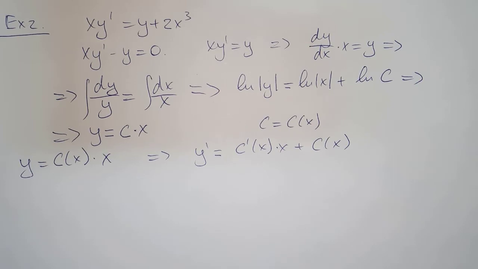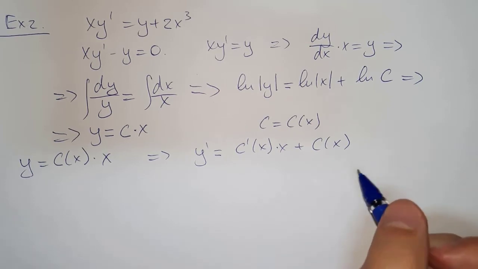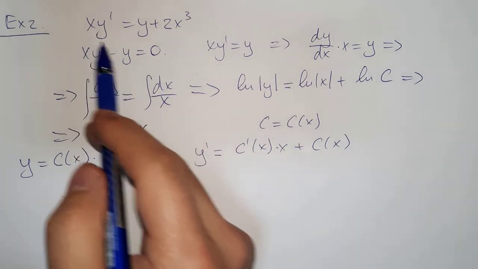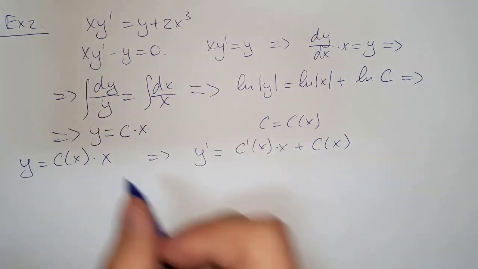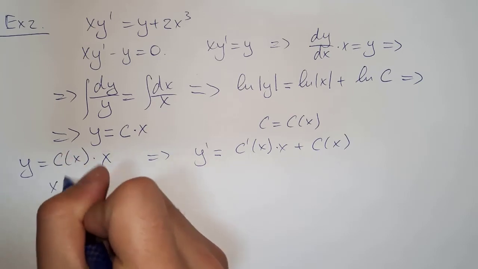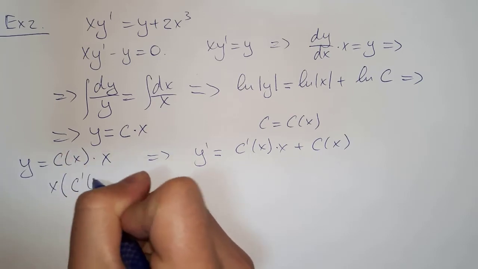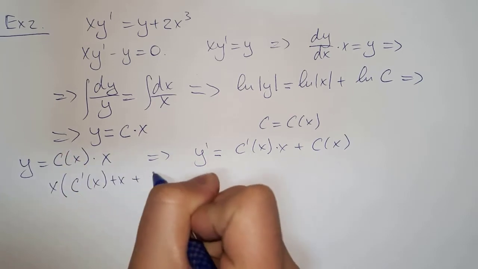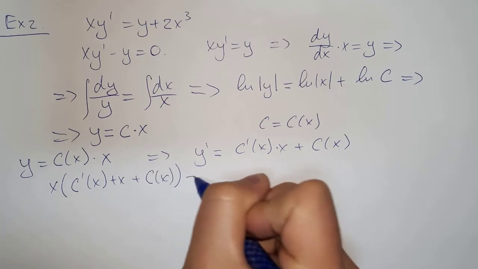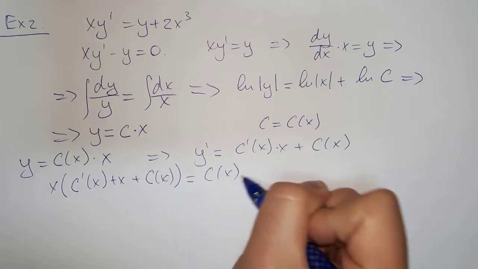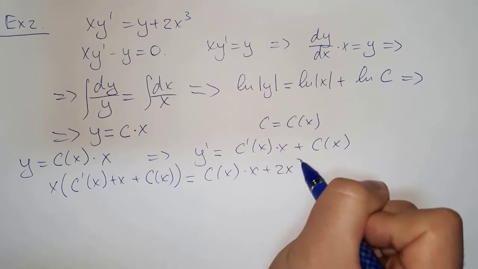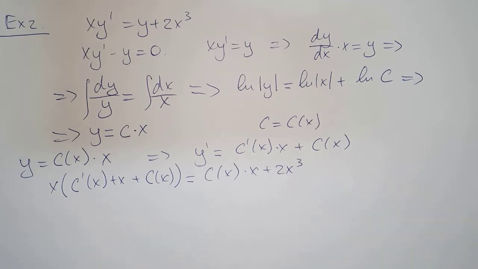So we changed our constant into a function, and substituting this into the given equation, we'll get here x times c prime x plus c of x equals c of x times x plus 2x cubed.